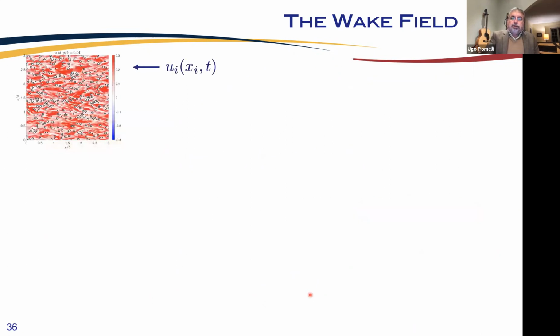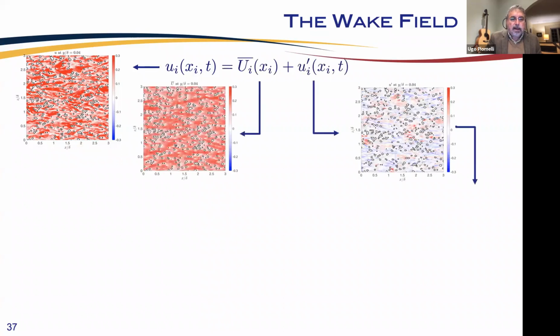So this brings us to the triple decomposition. If you look at an instantaneous velocity field, and here it's the U component in the rough wall case, we always used Reynolds decomposition. And so we have a mean part, time averaged, and then a stochastic, fluctuating component.